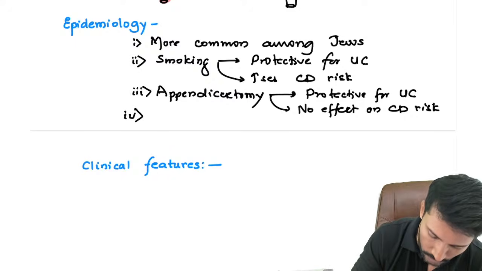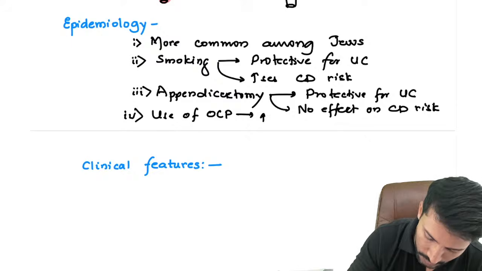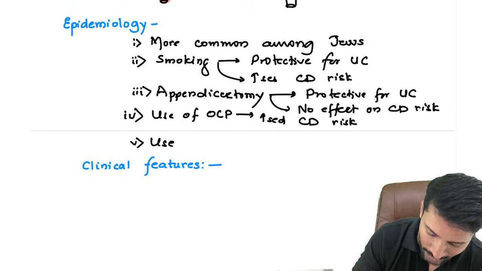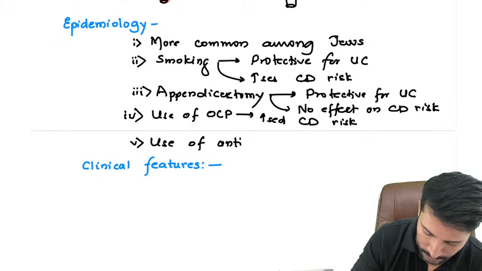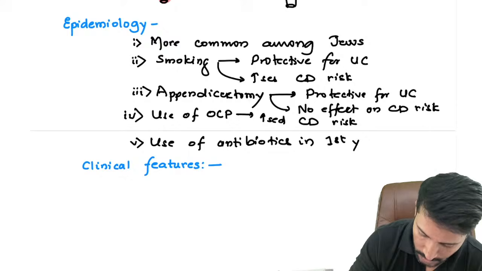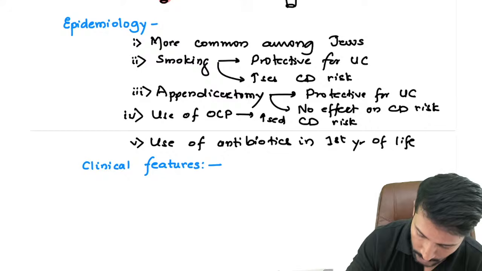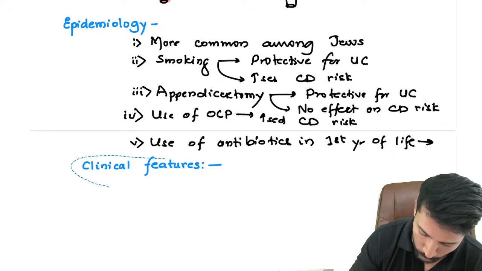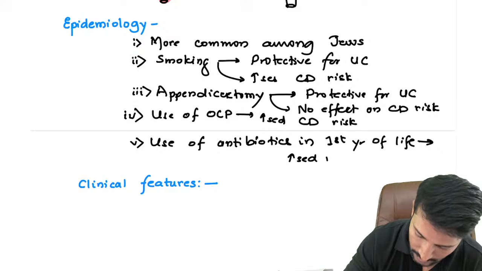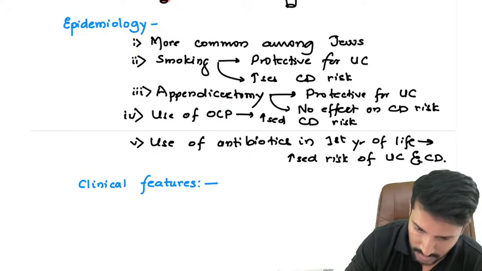Then fourth, use of oral contraceptives is associated with increased Crohn's disease risk. And the fifth one, use of antibiotics in the first year of life is associated with increased risk of both ulcerative colitis as well as Crohn's disease.